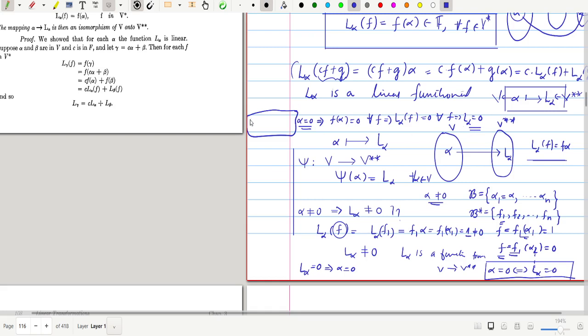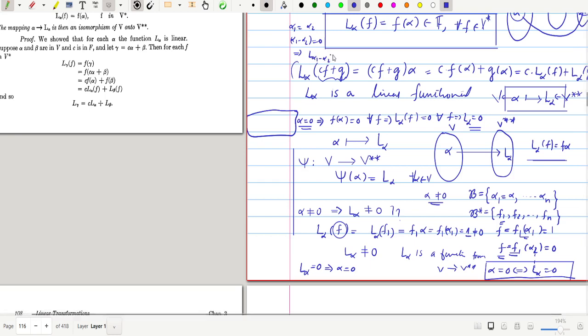Whenever alpha 1 equal to alpha 2, then you can get alpha 1 minus alpha 2 is equal to 0. Then if you apply this, whenever this holds, we can write L of alpha 1 minus alpha 2 equal to 0.